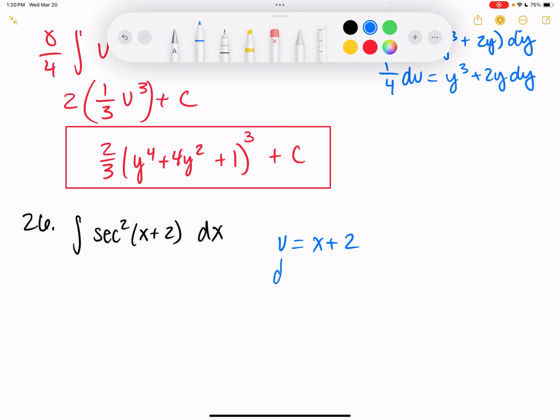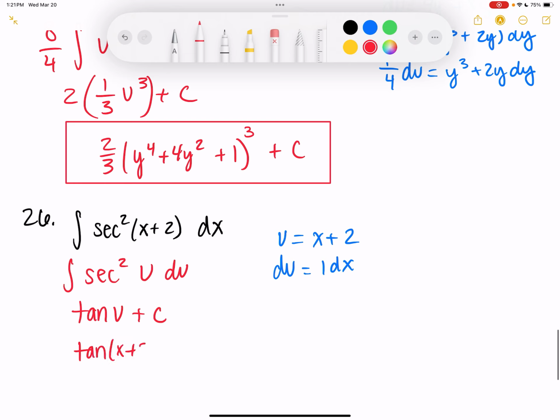So what is du? 1 dx, which I already have, so I don't have to do any manipulation. Now I'll write this as the integral of secant squared of u du. What's the antiderivative of secant squared? Tangent u plus c. Now I have to plug back in: the tangent of x plus 2 plus c.